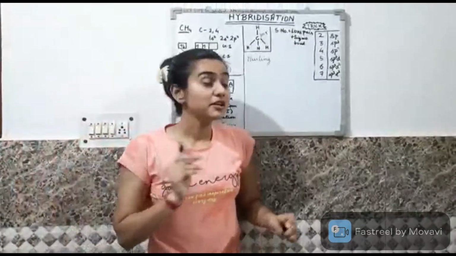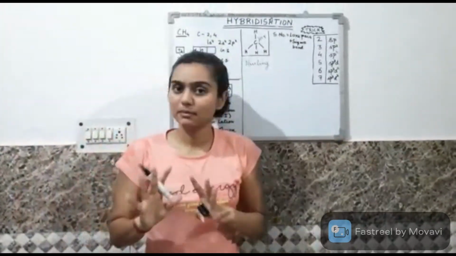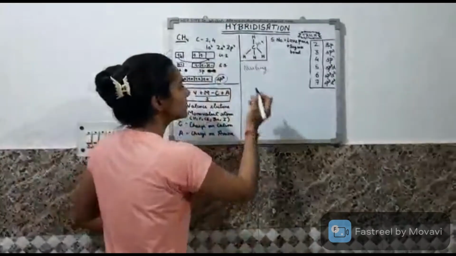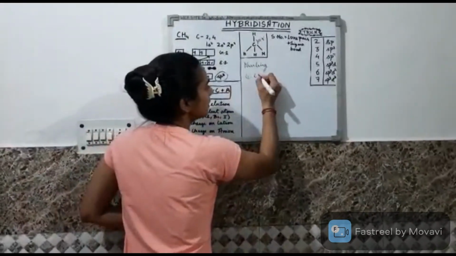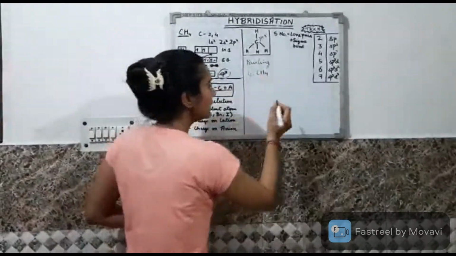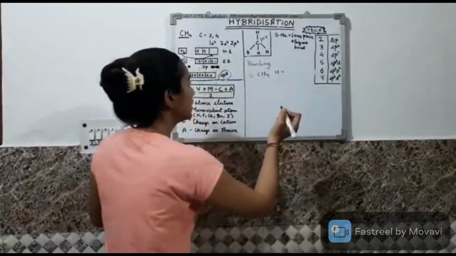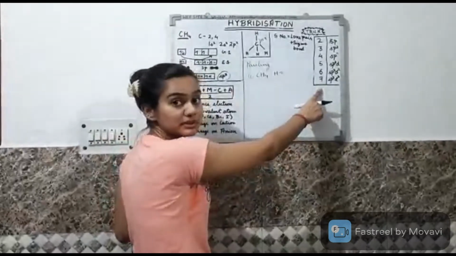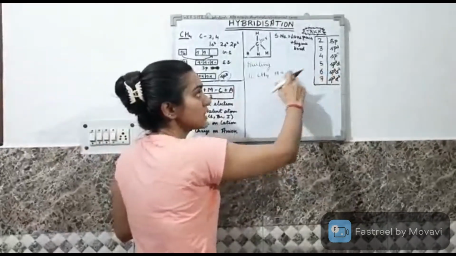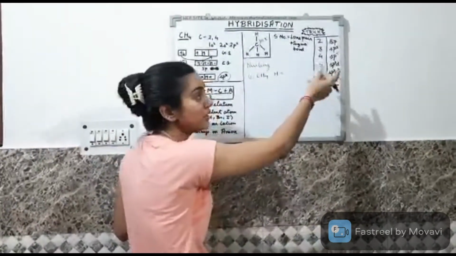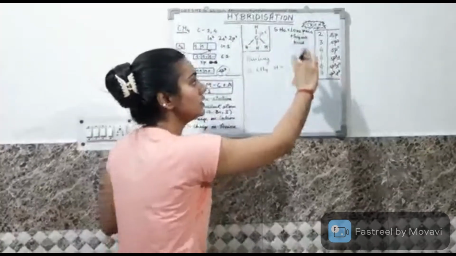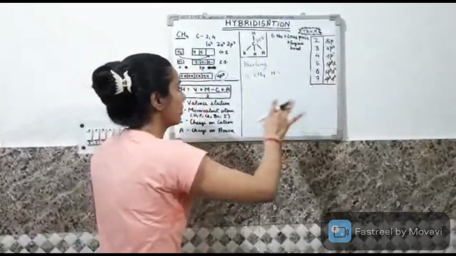Now I'll explain this formula with the help of some examples. First example, let us take methane. For methane, if we calculate H, one more thing, you need to remember this table. If H comes out to be 2, then it is sp hybrid. If it is 3, it is sp2 hybrid, 4 sp3 hybrid, and so on.